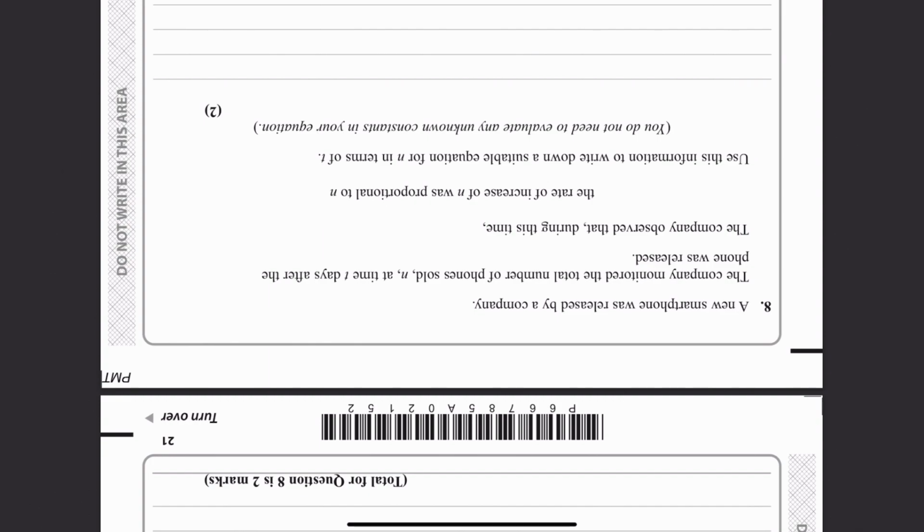Why is there an N apostrophe? Phones sold N at time T. Oh, so I guess it's just saying N is the number of phones sold at time T after the phone was released.